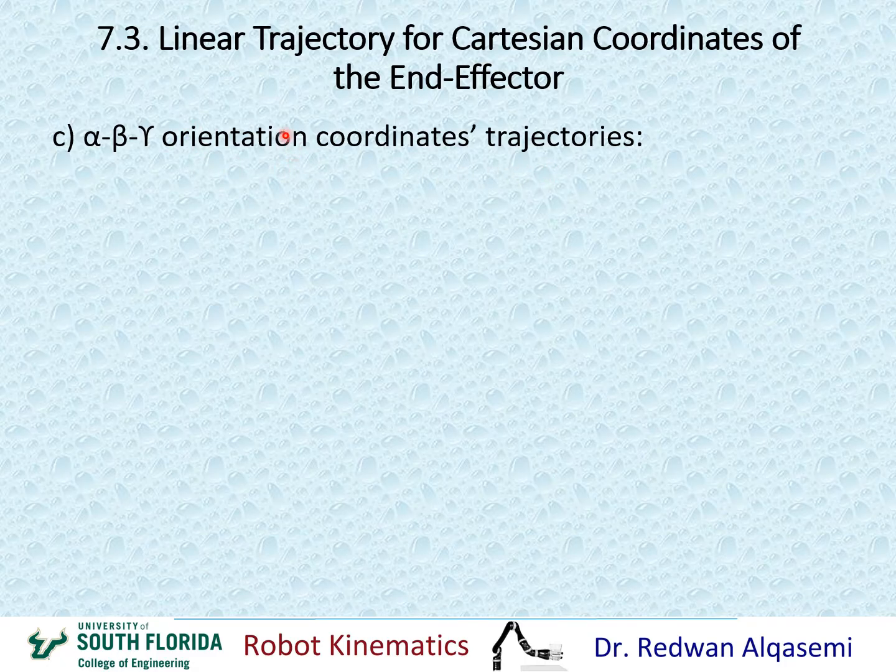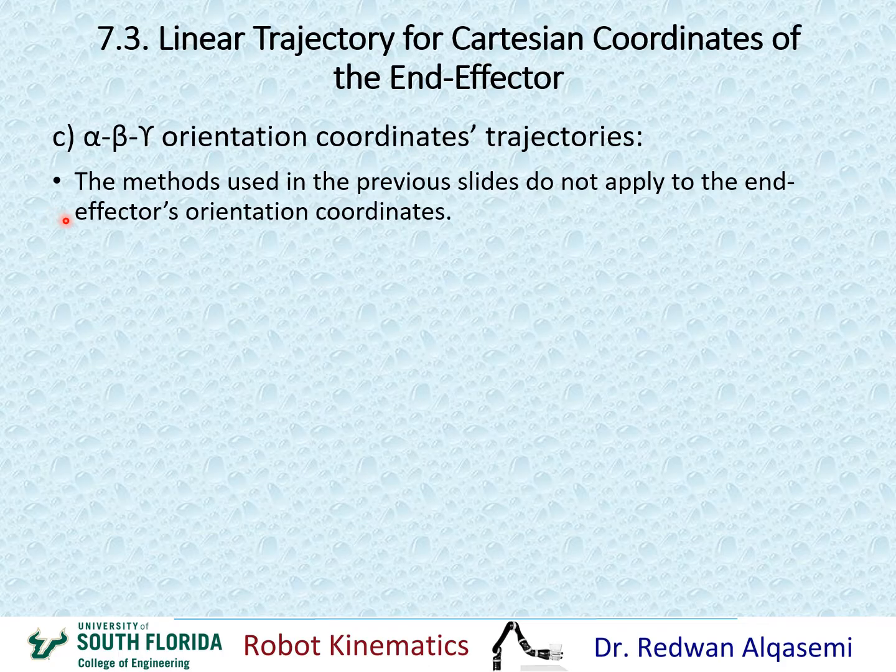Now remember, the elements of the rotation matrix are nonlinear elements. They include cosine and sine. So basically, these are correlated, and they are non-linearly correlated. So we cannot just divide them into via points the way we did in the previous slides. So the methods that we used previously do not apply here.